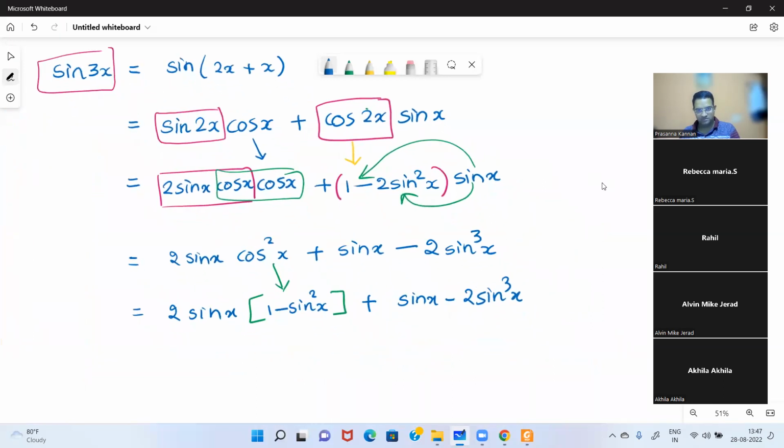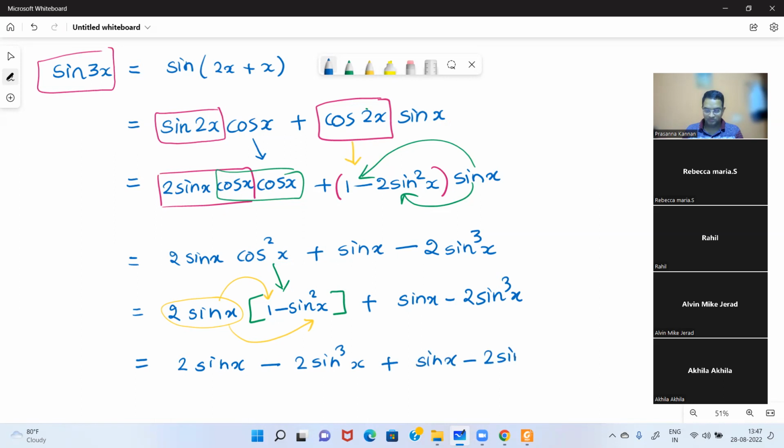Yes, sir. Now if I just multiply it inside, this 2 sin x, I'm multiplying with 1, so I'll get 2 sin x minus. Then I'm multiplying this whole thing with sin square x, so what will I get? 2 sin cube x. So what do we have? 2 sin x plus sin x, what is it? 3 sin x.